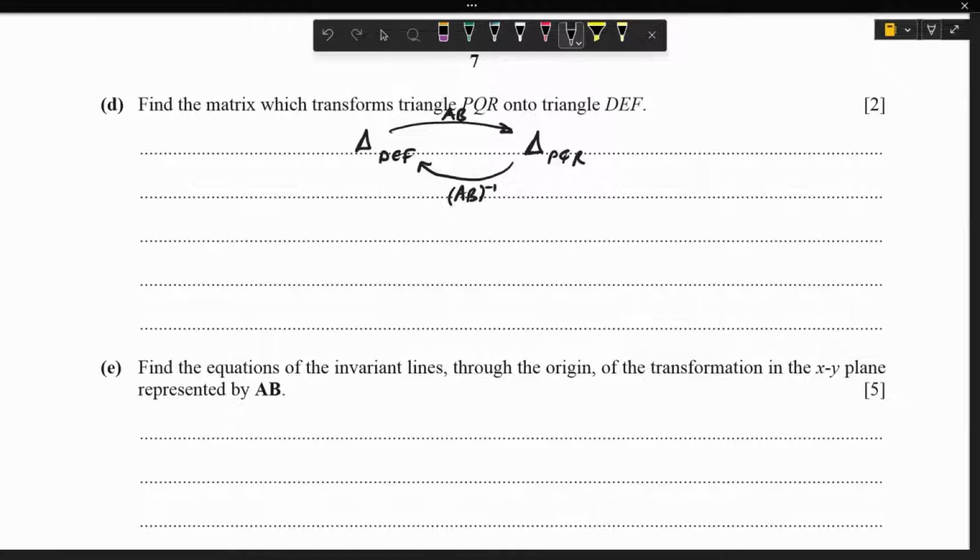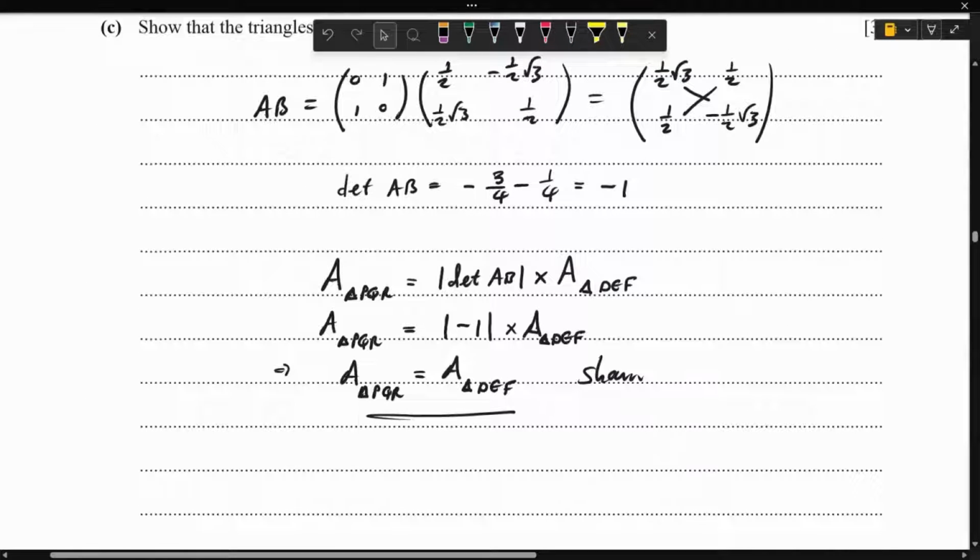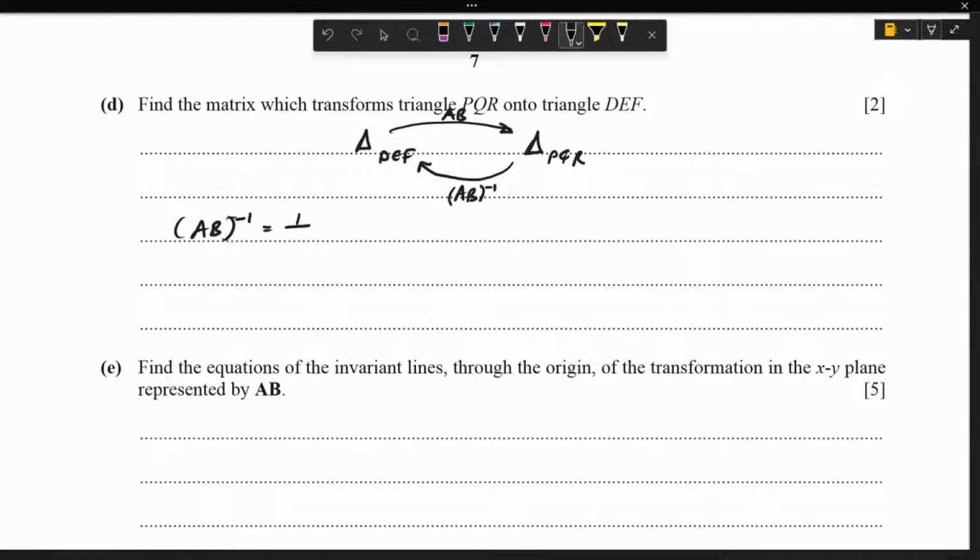AB inverse will be equal to 1 over the determinant of AB, and we got the determinant of AB to be minus 1, so it's just 1 over minus 1.